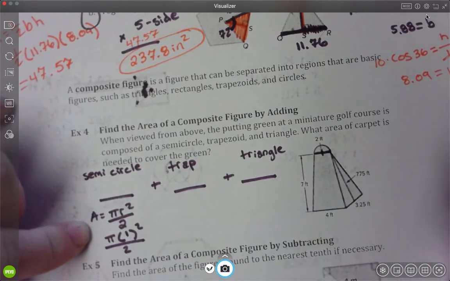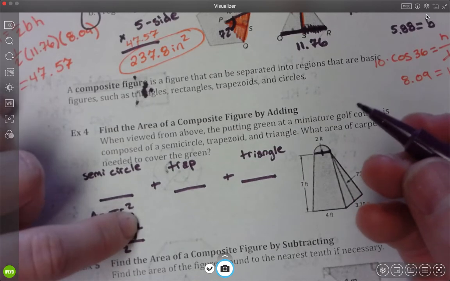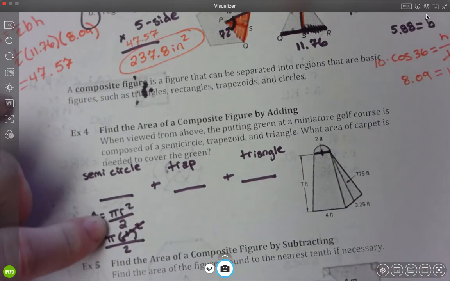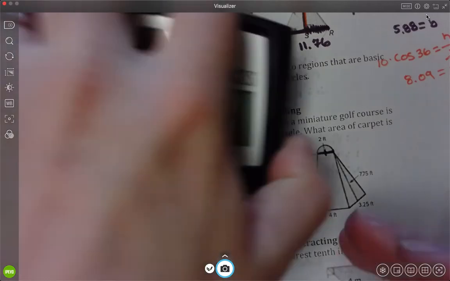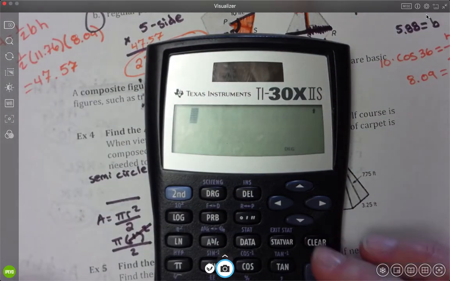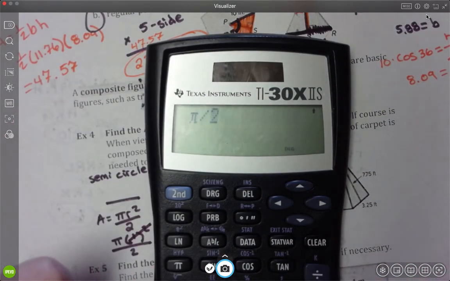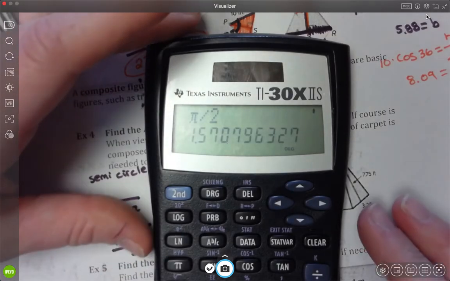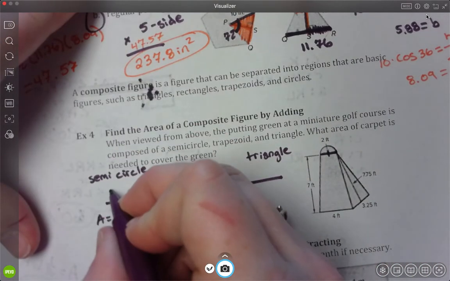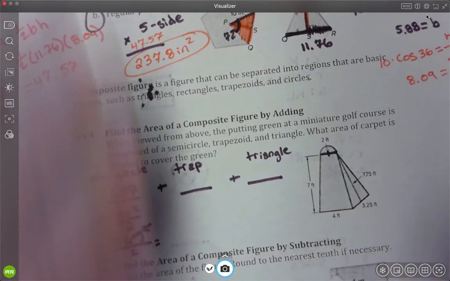Okay, so I have pi times 1 squared, and 1 squared is just 1. So really this is just pi divided by 2. So let's get a decimal here. Pi divided by 2 is 1.57. So the semicircle is 1.57 as an area, okay?